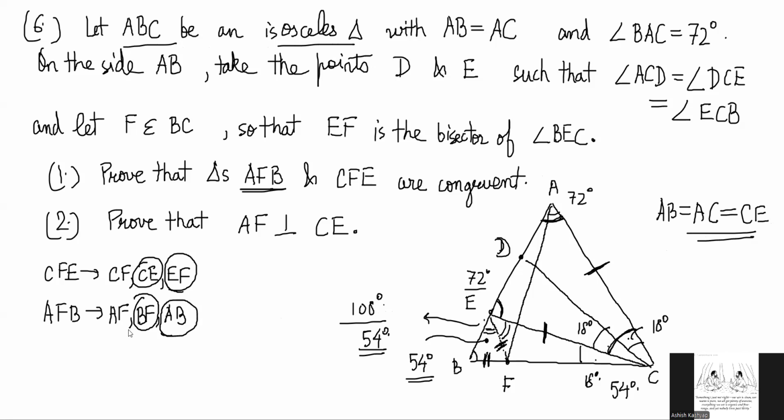So two sides are already coming, right? And angle EFB is equal to angle... here this is 54, this is 54, so this is 72 here. In that triangle, which triangle was it? CFE.